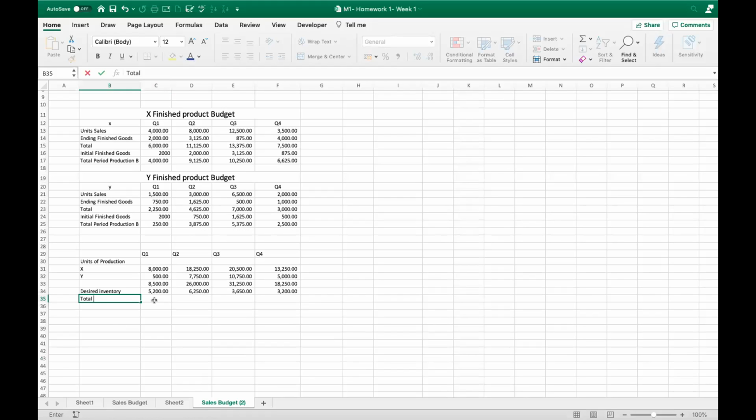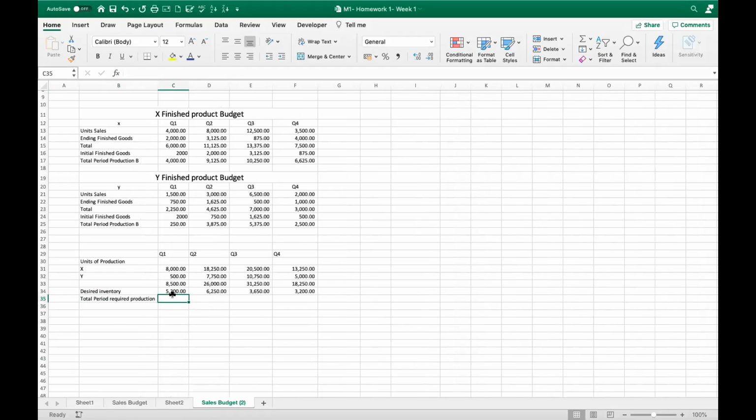Okay. Total period required production. Y ahí es nomás la suma de tus últimos dos, que son unit sales forecast más ending finished goods, o sea, desired inventory. ¿De estos dos?